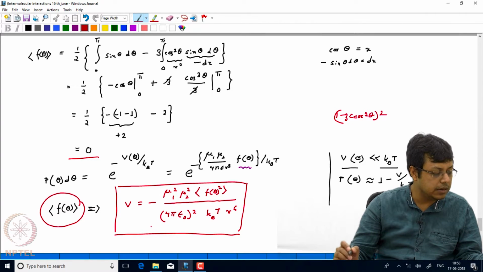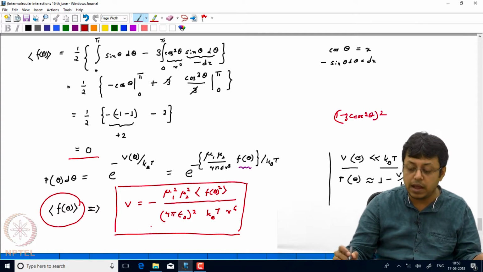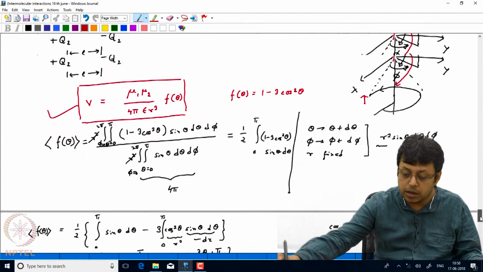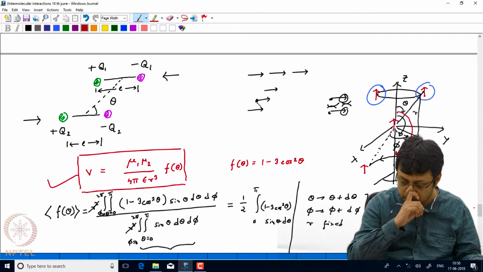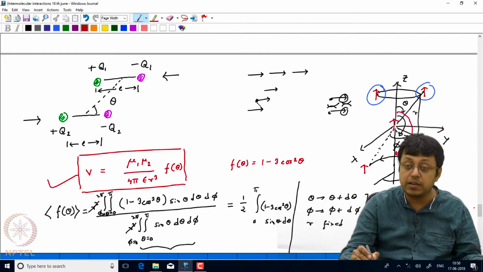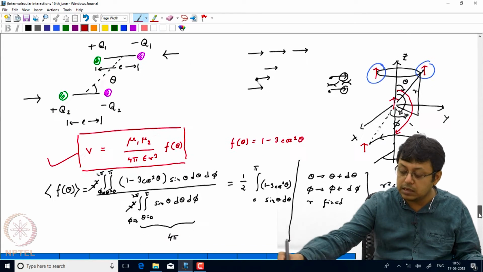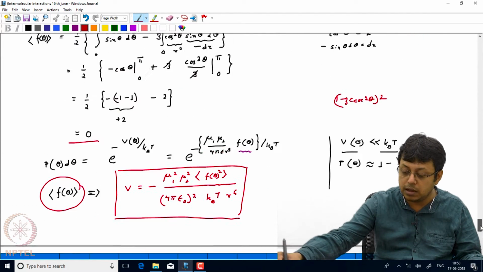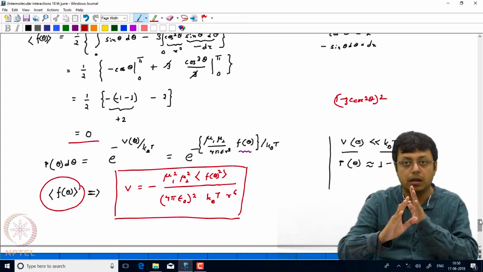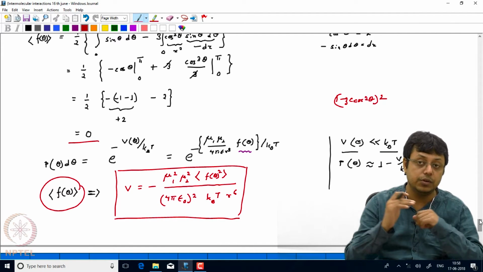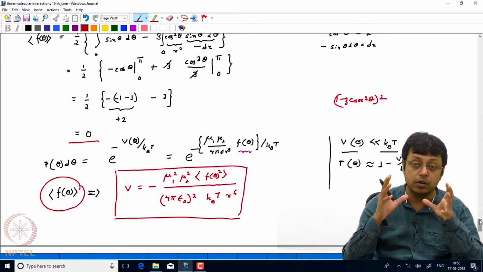The interesting thing to note is that the interaction potential now has a 1 over r to the power 6 variation. You can go back and see what we did. If the dipoles are fixed, we have a 1 by r to the power 3 term, and once the dipoles are rotating against each other, while keeping the mutual orientation parallel, I have 1 over r to the power 6.